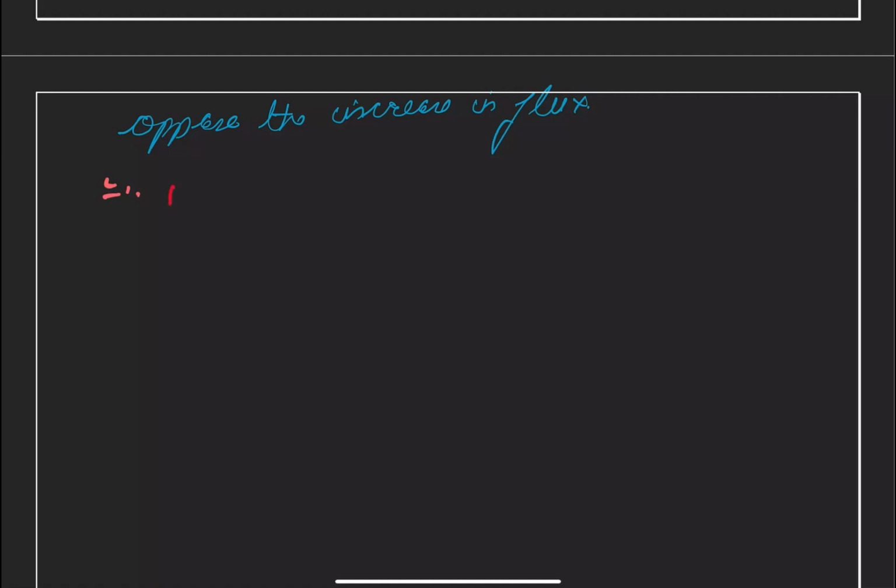You can see A's current direction is clockwise.